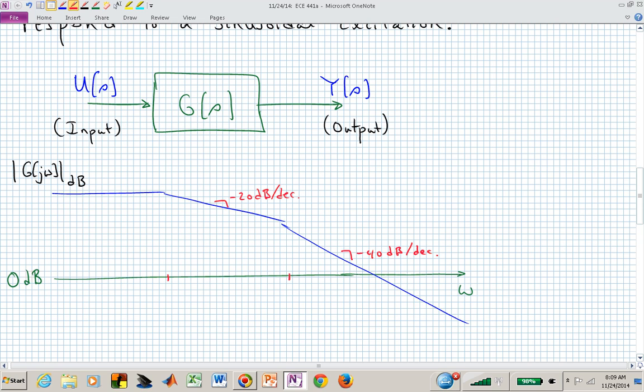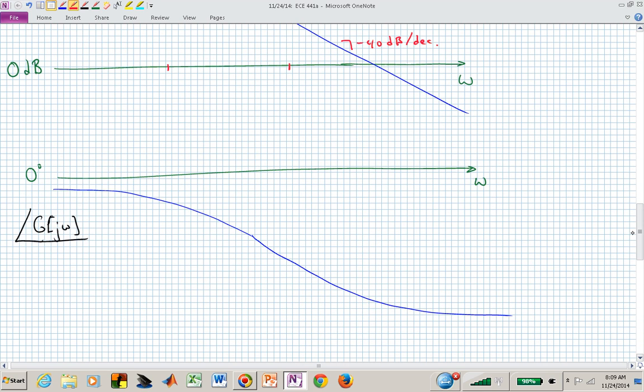The phase curve is a little more interesting because its change is centered about the break frequency, and it goes a decade before and a decade after.